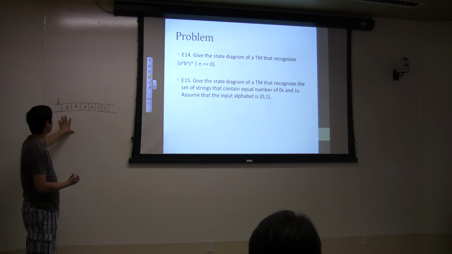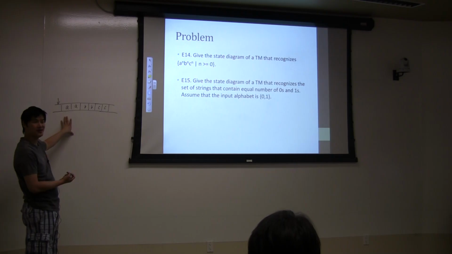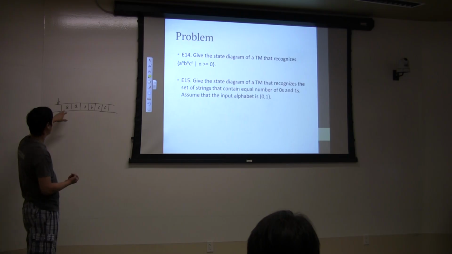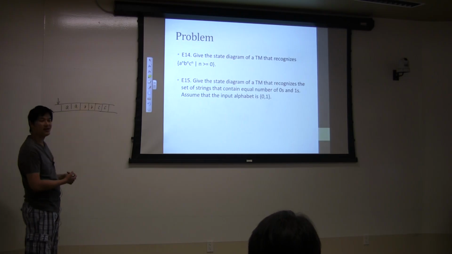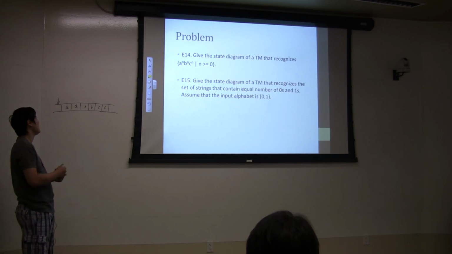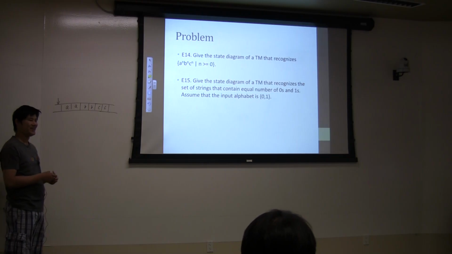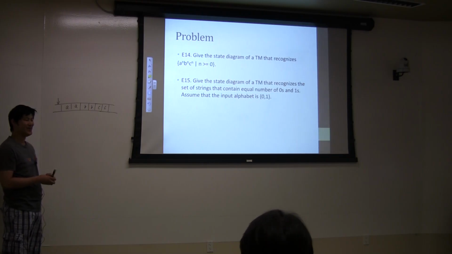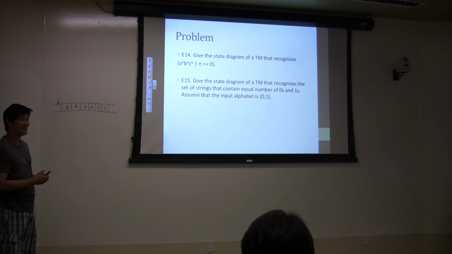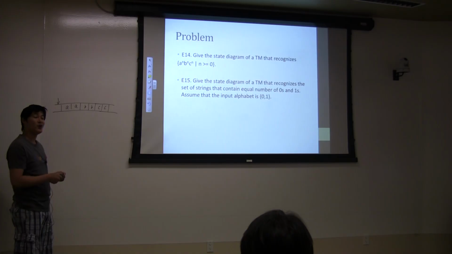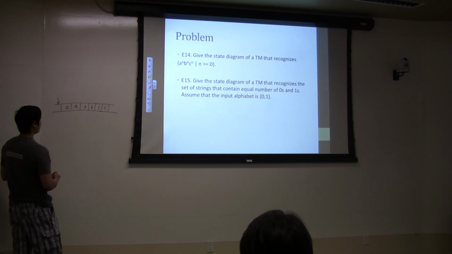So what do you do next? You think about an algorithm. Say you have a string and you want to see whether it matches a certain pattern. Let's take the first problem, A^n B^n C^n. What's the algorithm? Nico actually described it already. You want to guarantee that you have the same number of A's, B's, and C's.